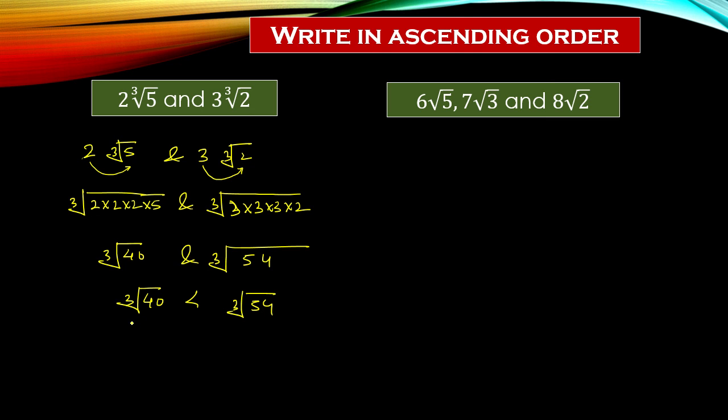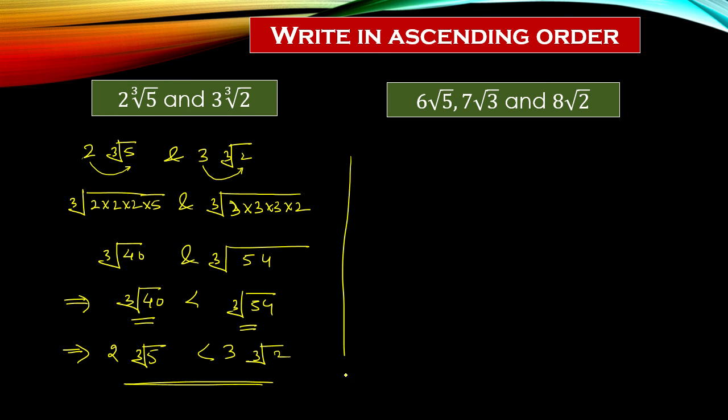These numbers are created from the given numbers, so definitely 3 times the cubic root of 2 is greater than 2 times the cubic root of 5. If the numbers are compared here, the above numbers are also compared in the same way. So this is the final result of this first example.